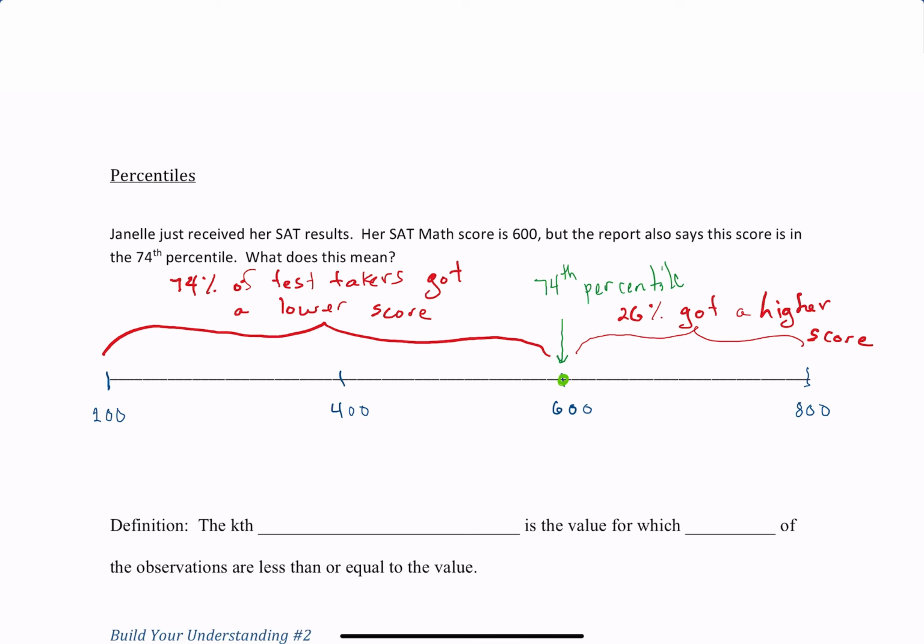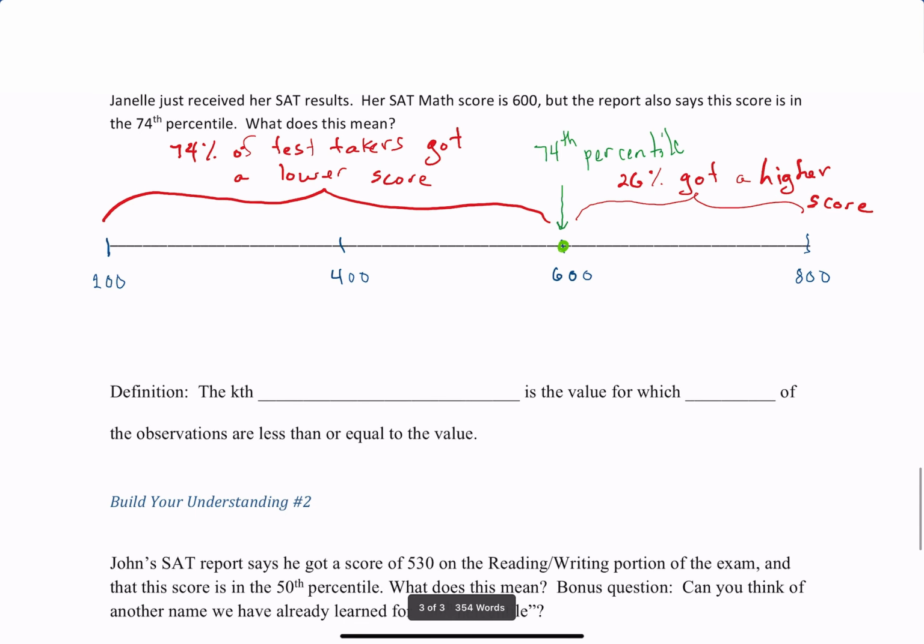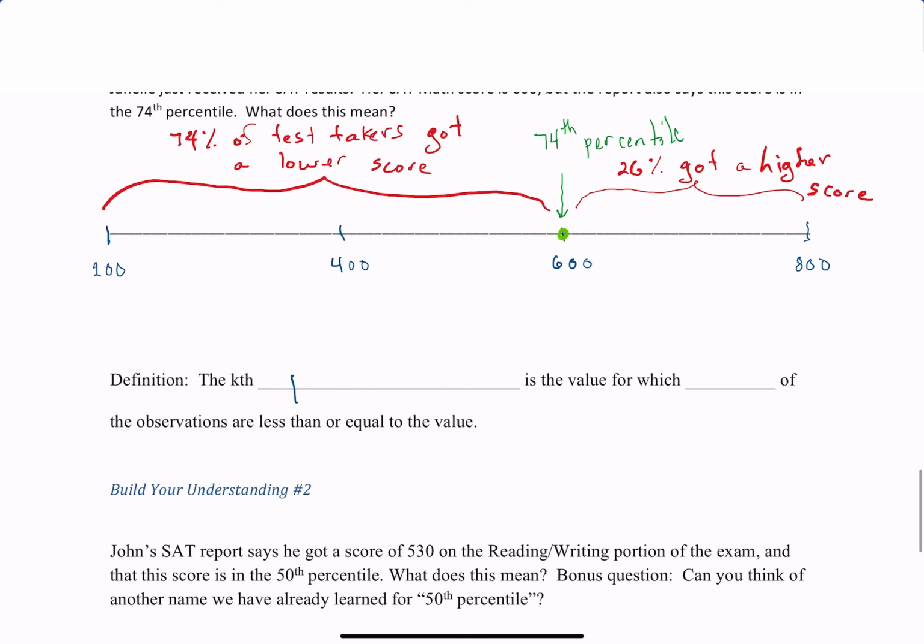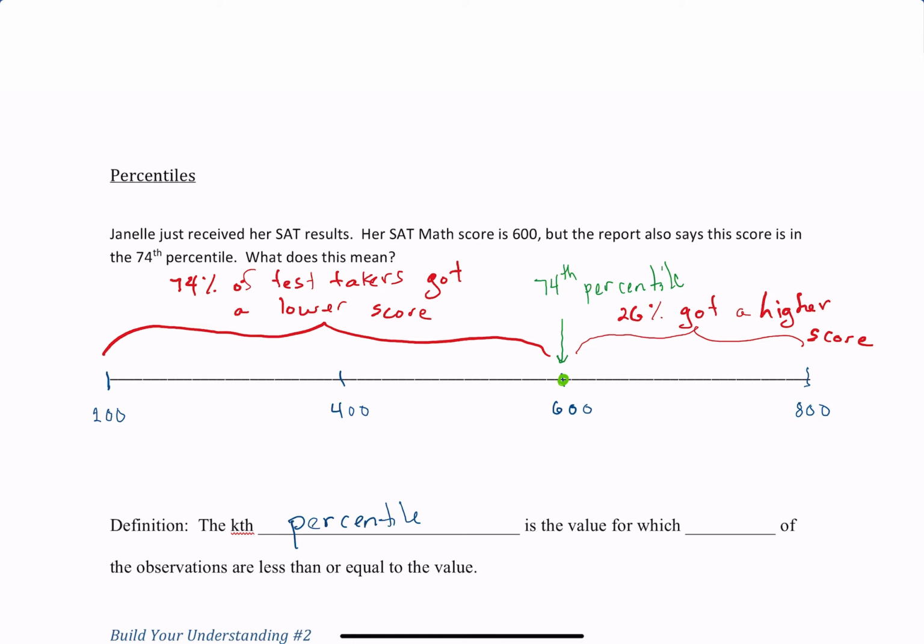So what we mean by a percentile, here's a definition. The kth percentile, so K stands for that number, like in the example with Janelle, the kth is the 74th, so K is 74. Anyway, the kth percentile is the value for which K% of the observations, and in the example we just did, an observation is an observed test score by an actual person, are less than or equal to the value.